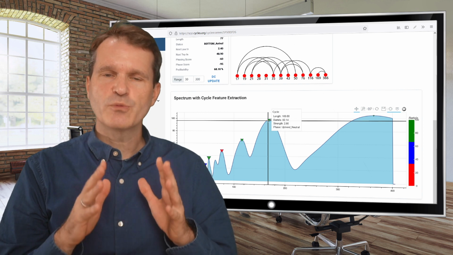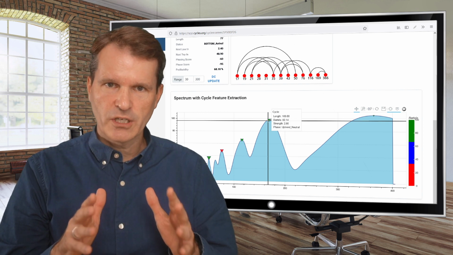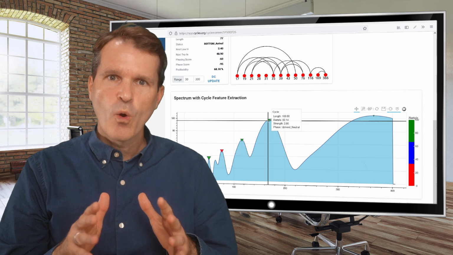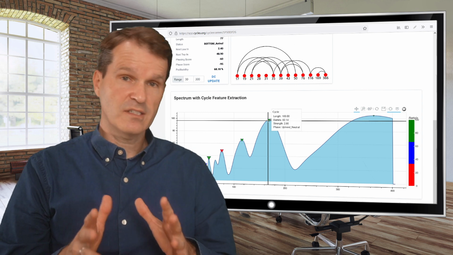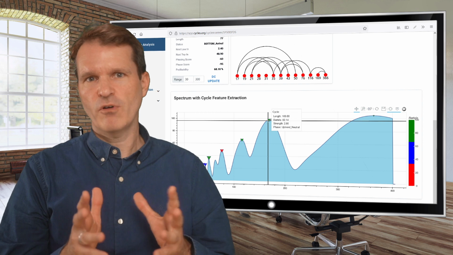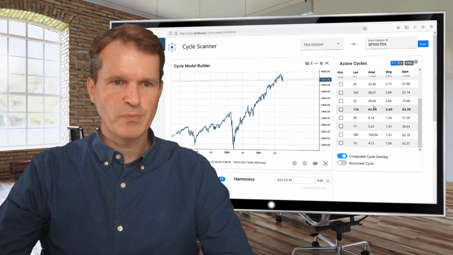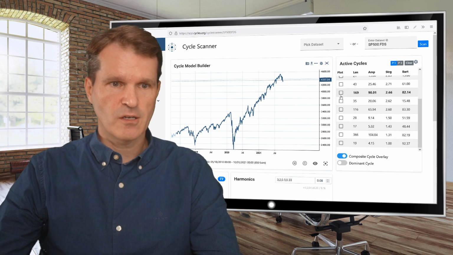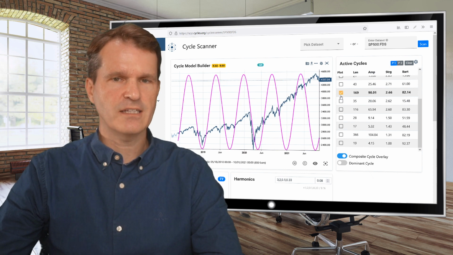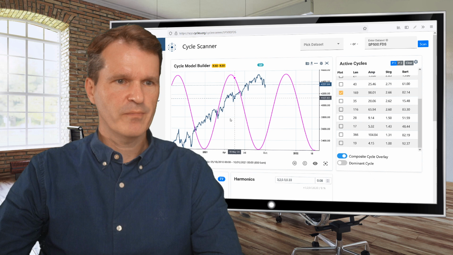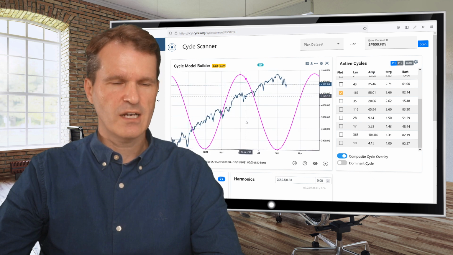However, as we are in a strong uptrend, looking at daily data, we can't trust this cycle very much for the last months. So we need to be careful using this dominant cycle. We can activate it and see it on the chart, and this is now the current forecast.